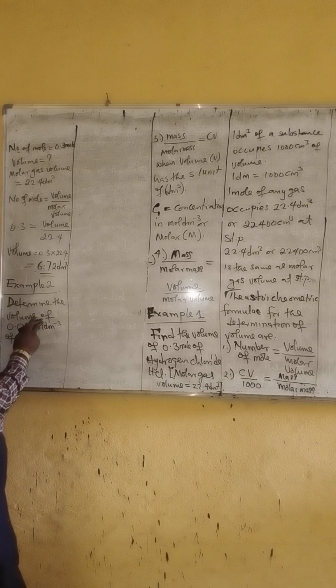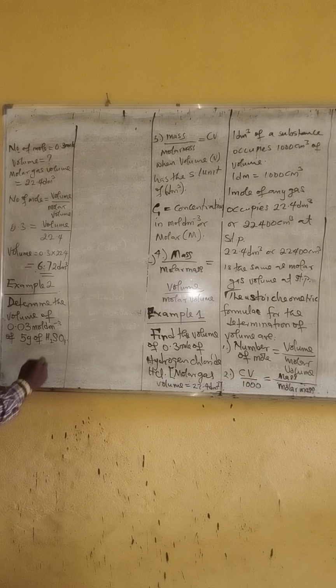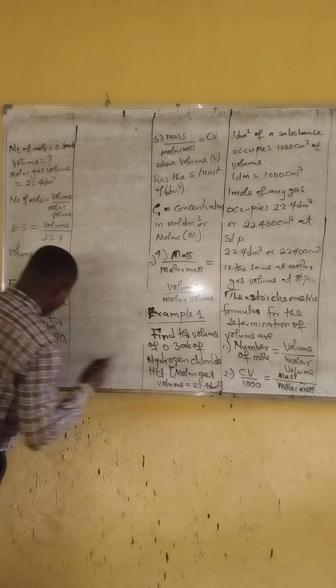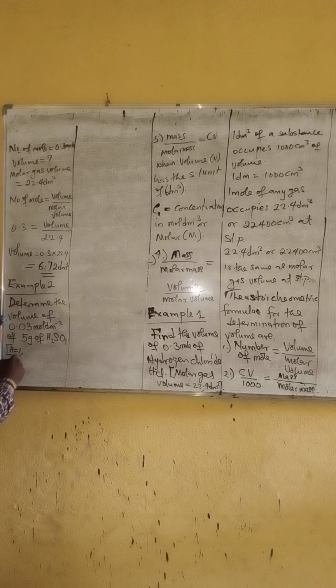So determine the volume of 0.03 mole per dm cube of 35 gram of H2SO4. To find the molar mass of H2SO4, your H will be 1, your S is 32, your O is 16.